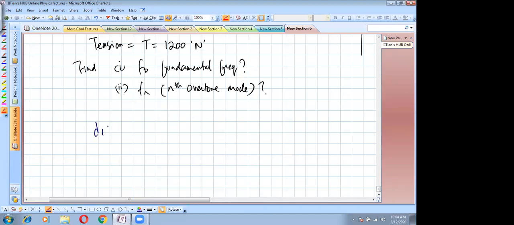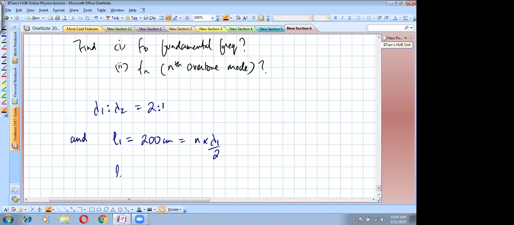So we have lambda 1 is to lambda 2 was 2 is to 1, and L1, which is 200 centimeters, has to be some integer multiple of lambda 1 by 2, and L2, which was 180 centimeters, has to be some integer multiple of lambda 2 by 2.